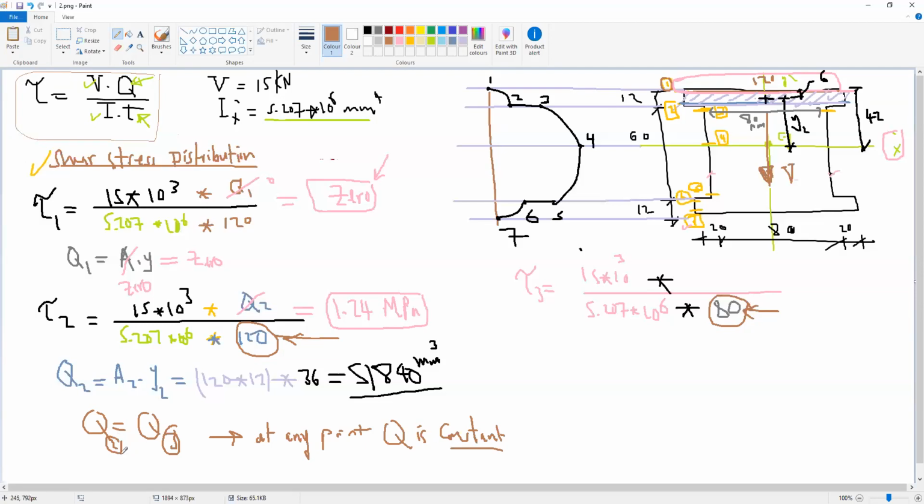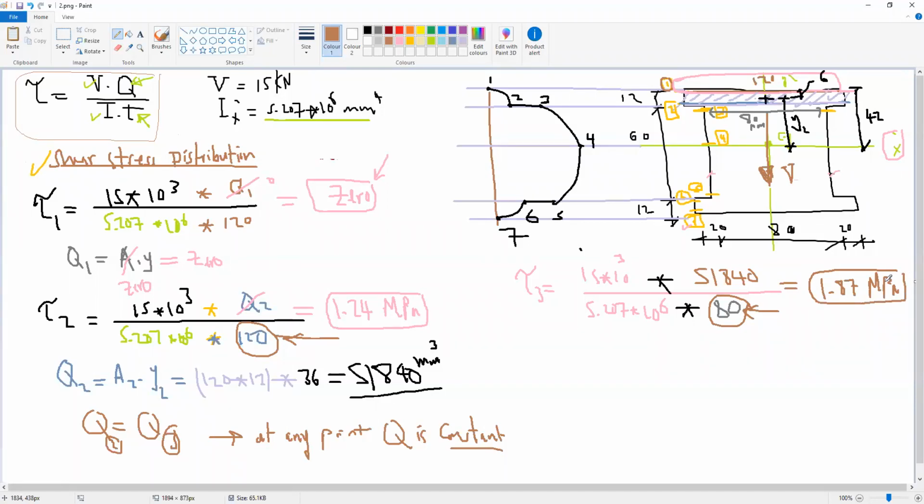So Q2 and Q3 are similar. We don't have to repeat the calculation again, and we will put here Q3 is 51,840. So this gives us tau 3, sorry, 1.87 MPa.